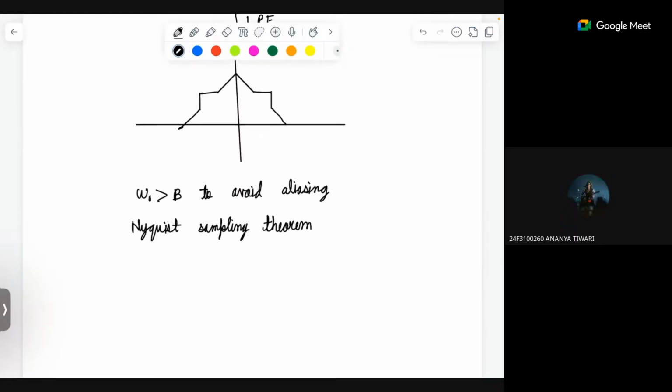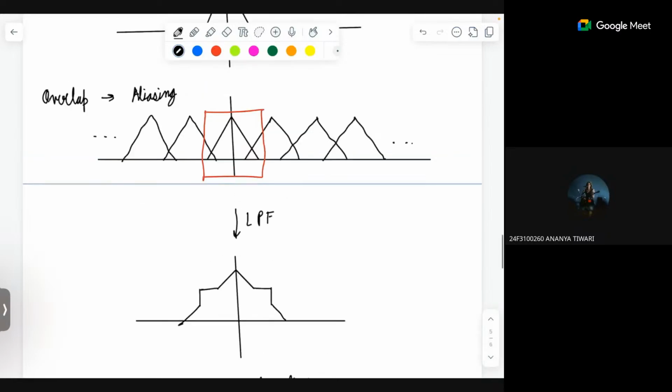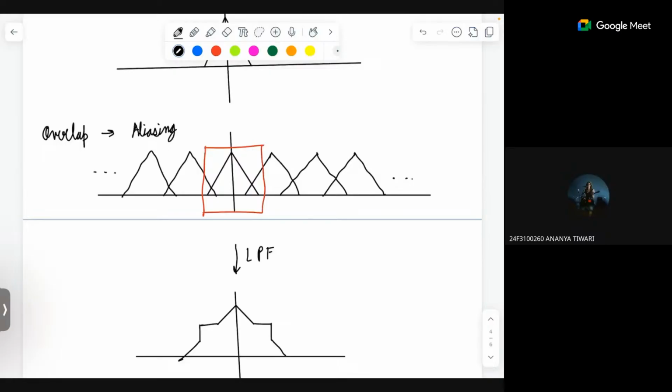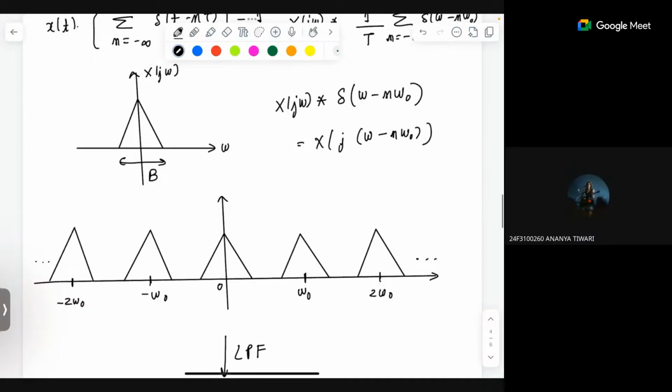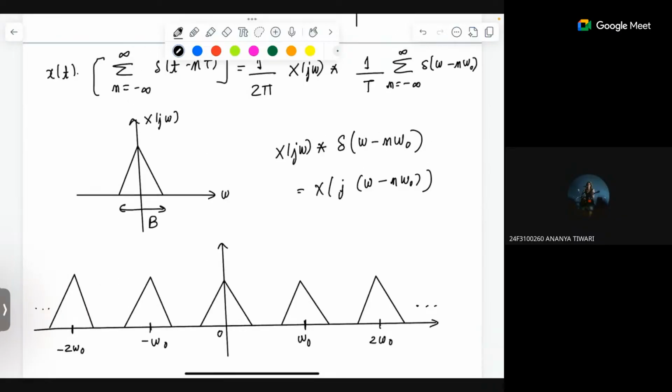Yes, ma'am. I have one doubt. Yes. Can you scroll here, where we made this X(jω)? When we have this X(jω) already, why are we doing all this? We have X(jω), but we don't want X(jω).